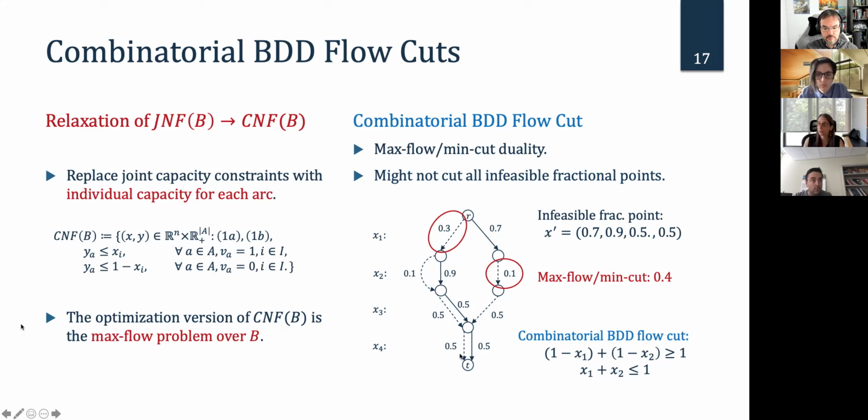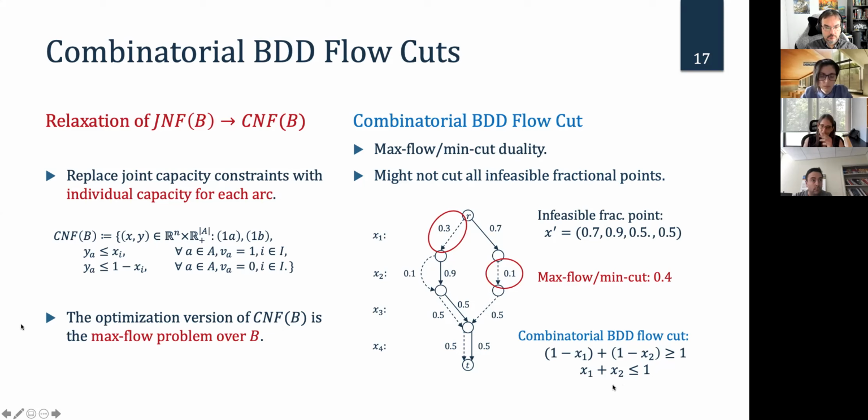What we do is solve the max flow min cut problem. Here it's easier to see the min cut: how I can cut the flow with the minimum value would be selecting this arc here and here, giving me a value of 0.4. Since it's not equal to 1, we know this point is infeasible, and then we just generate our cut. As I said before, it's just the dual solutions that generate the cut.